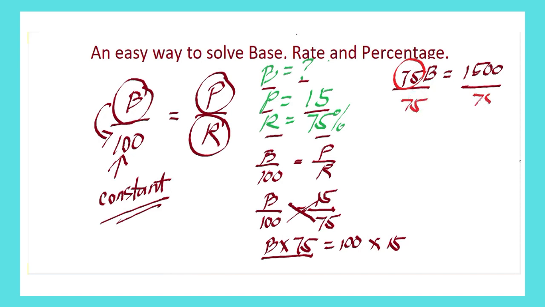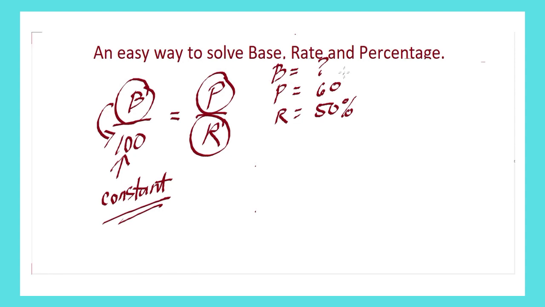Divided by 75, divided by 75, you can cancel the 75 here, leaving only B. So 1,500 divided by 75 will give you 20. So the base here is equal to 20. That's what we are looking for in this problem. Getting it?